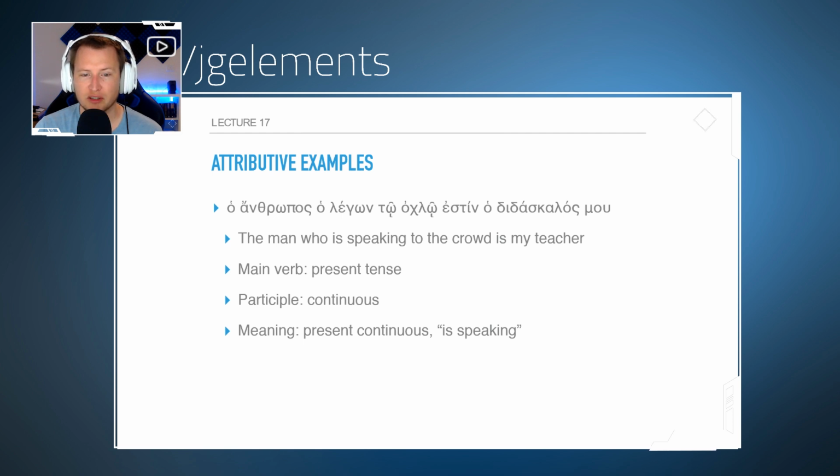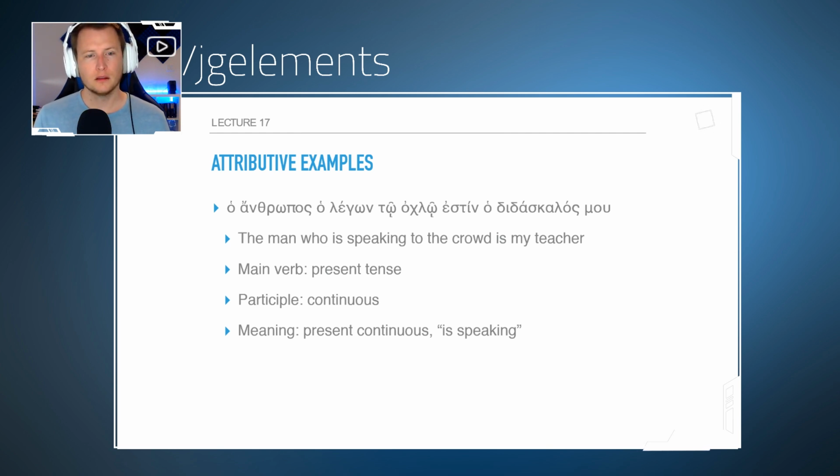So we're going to use a present continuous when attaching it to o anthropos, is speaking. The man who is speaking to the crowd is my teacher. Okay? So to be does not need to be supplied because it's already there, estin. It's the main verb. That's how we know this isn't predicate.